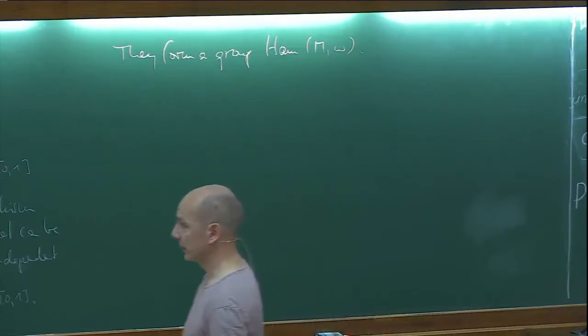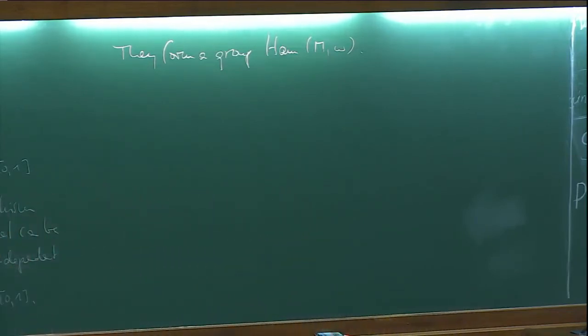One thing I should have pointed out is that a Hamiltonian flow of this form has many nice properties. If the function is time independent, then X_H is tangent to the level sets of H, so it's very different from a gradient type flow.